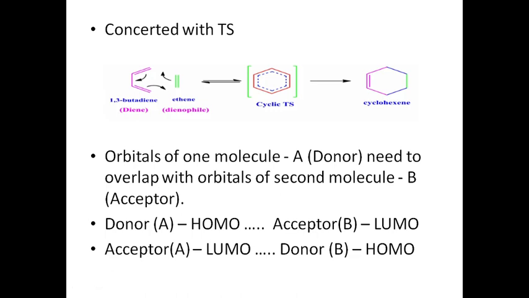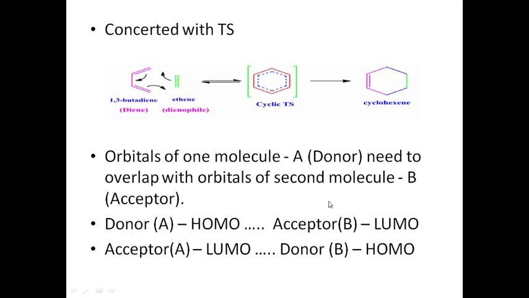The orbitals, we know we have HOMO and LUMO orbitals. HOMO is the highest occupied molecular orbital. So the donor has to donate the electrons from its HOMO to what? To the acceptor. In order to accept the electrons, the acceptor should combine with its LUMO.